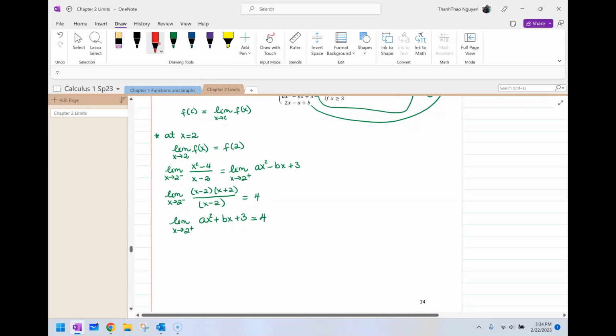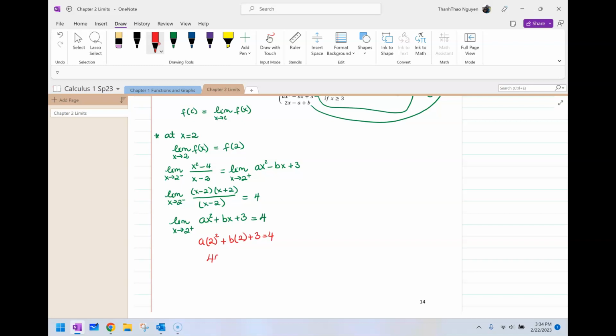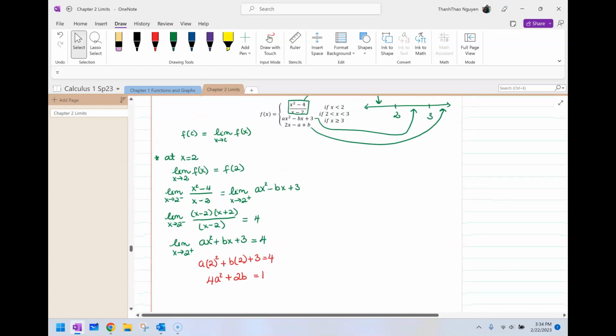So a times 2 squared plus b times 2 plus 3 has to equal 4. So 4a plus 2b equals 1. We'll leave this here for a moment.